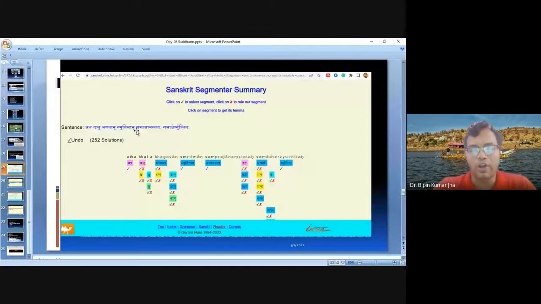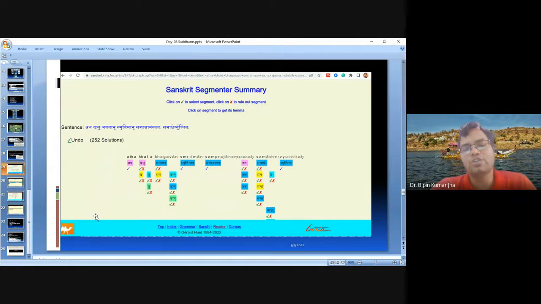Now you are finding that there are two ticks, for right or wrong. You need to check: if khalu is sufficient, as you know, and you need not split the term further, then you just click on correct.